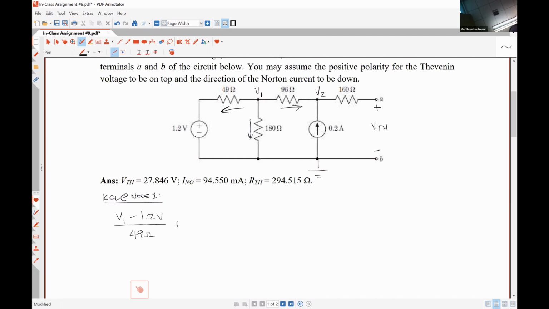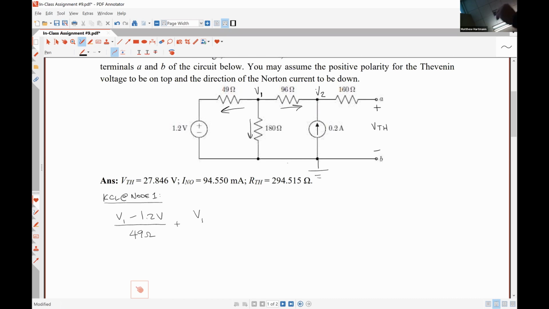Who can tell me what the current going down through the 180 ohm resistor is? It's going to be V1 divided by 180 ohms. Yeah. So the voltage at the assumed positive polarity terminal, where the current's leaving from, is V1. The voltage at the terminal that the current is flowing to is our reference terminal, 0.